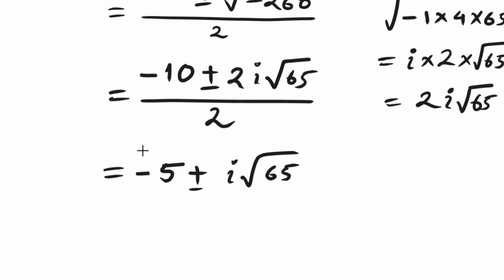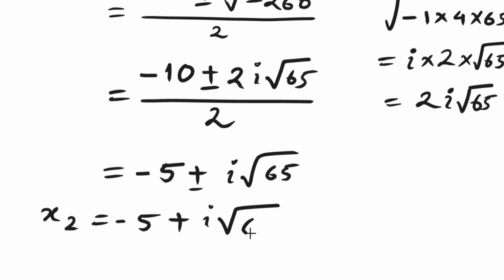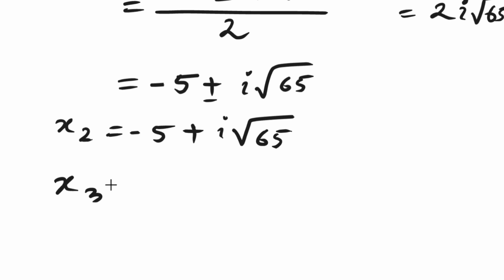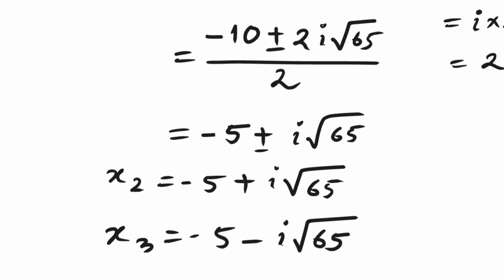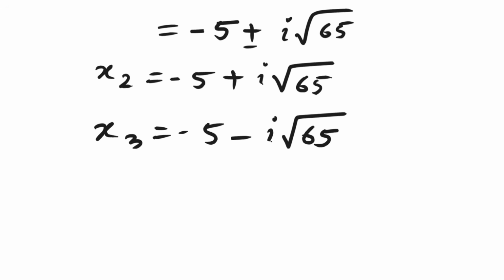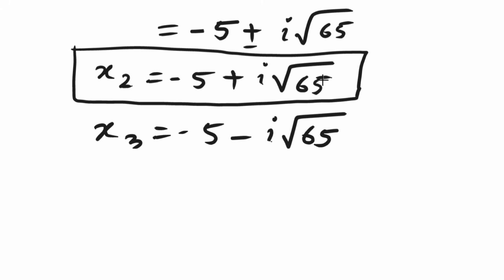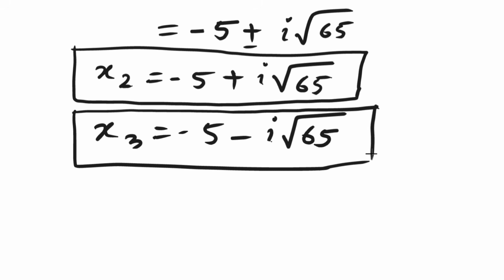So the remaining two solutions are negative 5 plus i times the square root of 65 and negative 5 minus i times the square root of 65. Therefore, the complete set of solutions is x equals 9, x equals negative 5 plus i square root of 65, and x equals negative 5 minus i square root of 65.